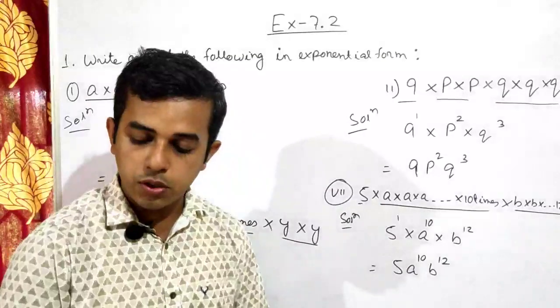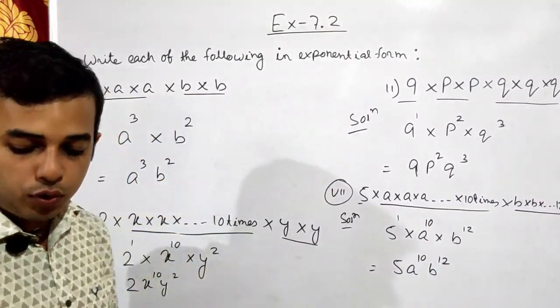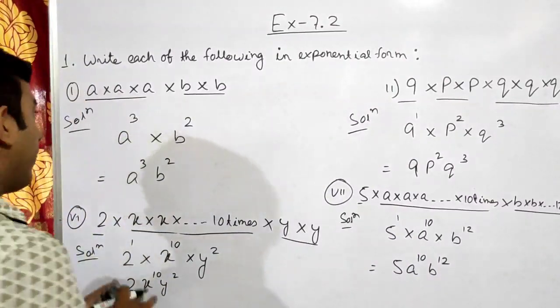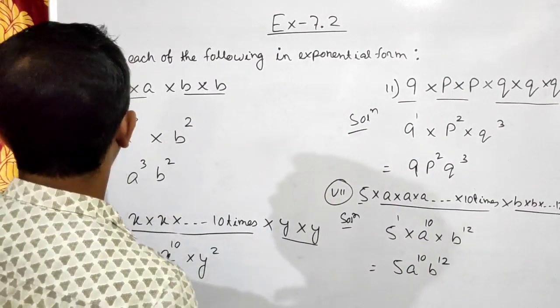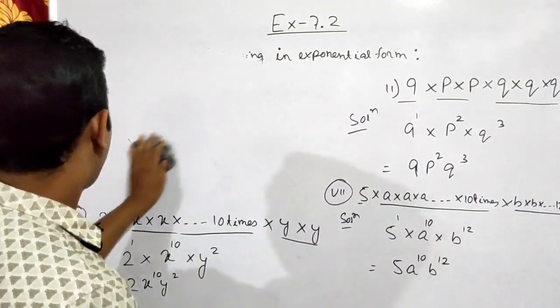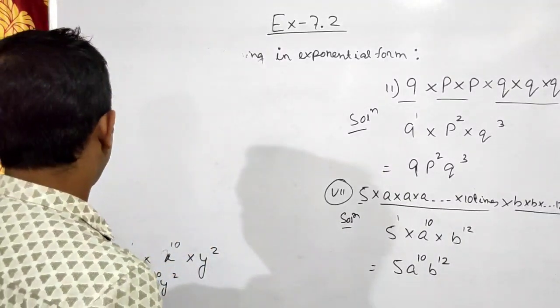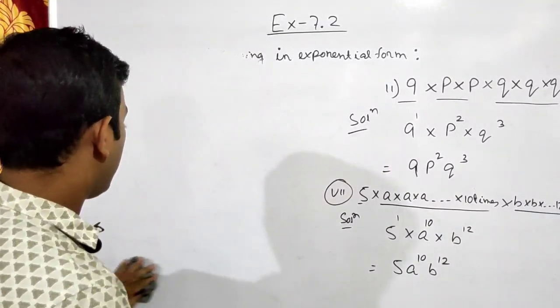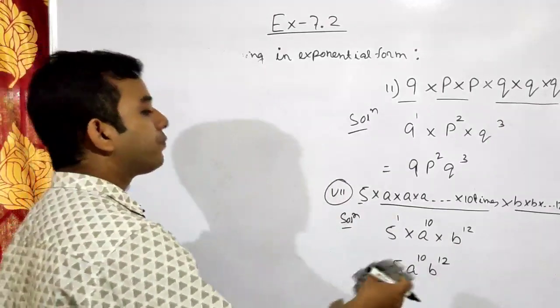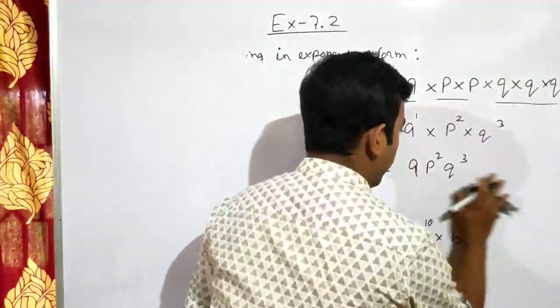Okay, let's move to the next question, that is write each of the following in factor form. Here in question number 2 we have to find out the factors. Clear? So what was a factor? I have told you that if an expression is there, first split the expression in the form of terms, isn't it?